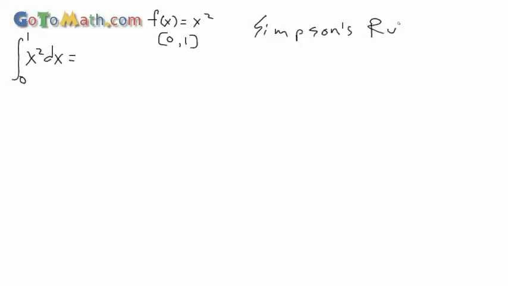Simpson's rule. This is the way it goes, and like most theorems in calculus, we're going to consider f to be continuous on a closed interval a, b.